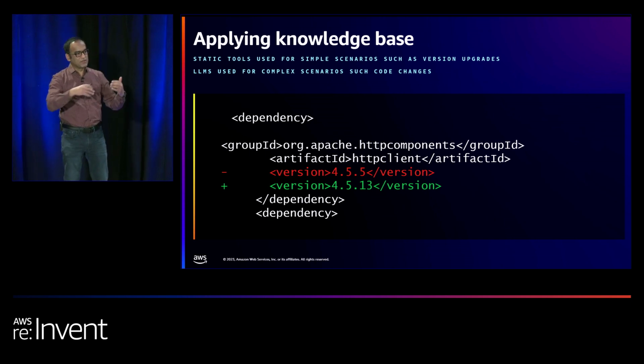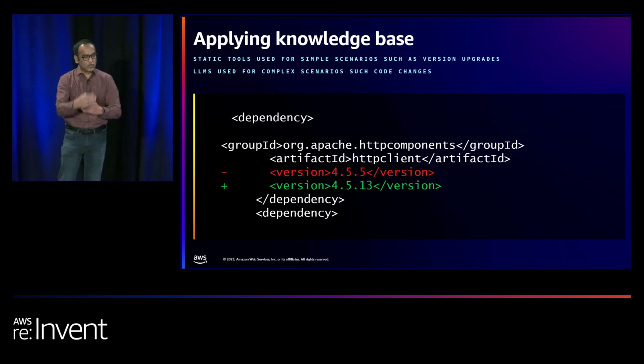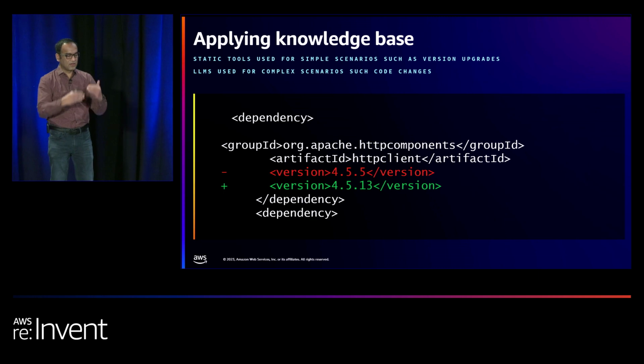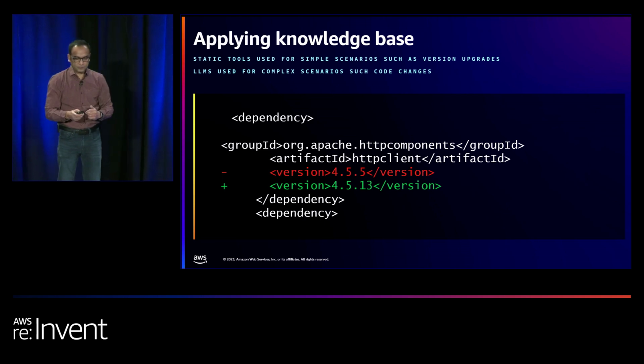But in many cases we have complex things where we have to change annotations in the code because of library changes, or even upgrade other libraries depending on the library changes we already made, or change the code because the API signature in the library has changed. That requires more complex techniques than simple rule-based things like using static tools, as in this example.